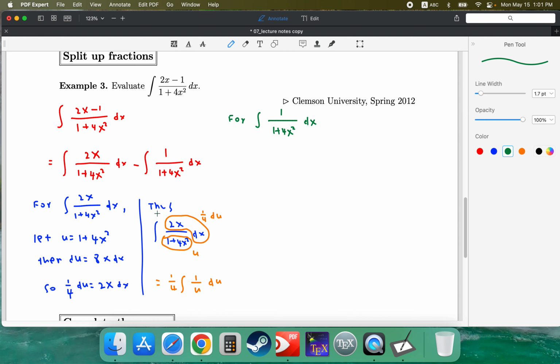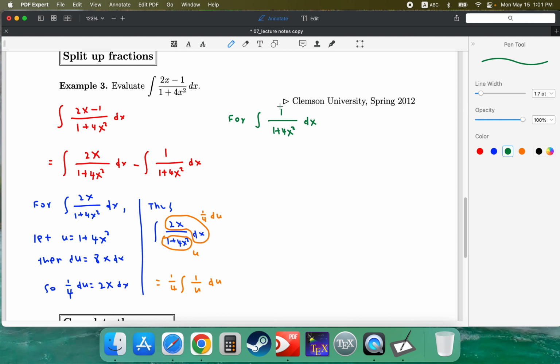Now think of this. The reason you have an x dx is because your u is quadratic, right? Because after you take the derivative, you still have an x right there. This x does not disappear. That is because your u is quadratic.